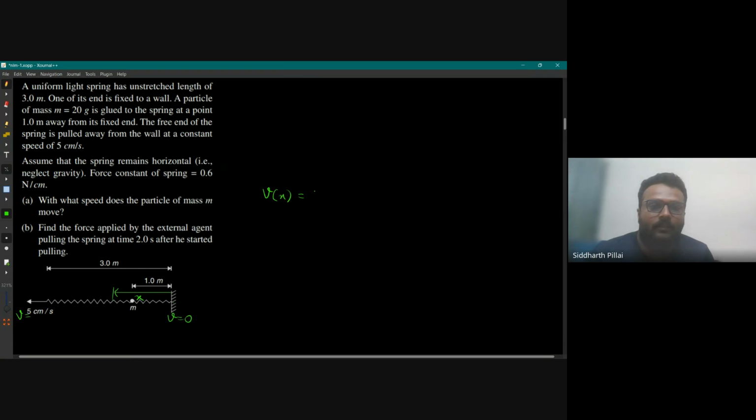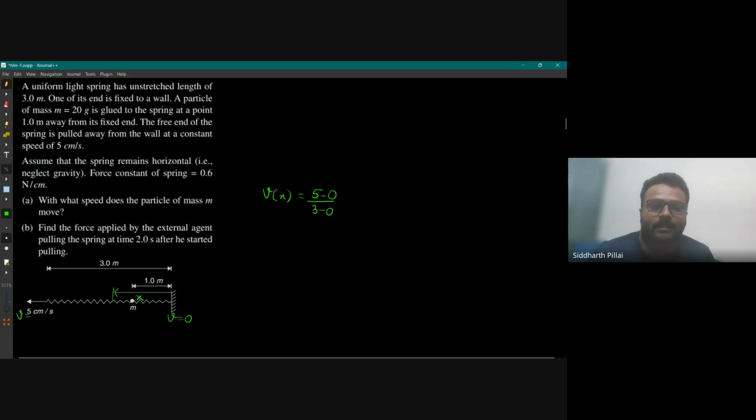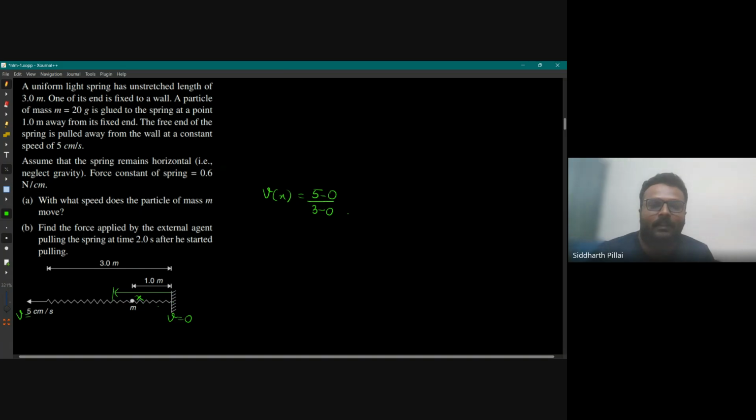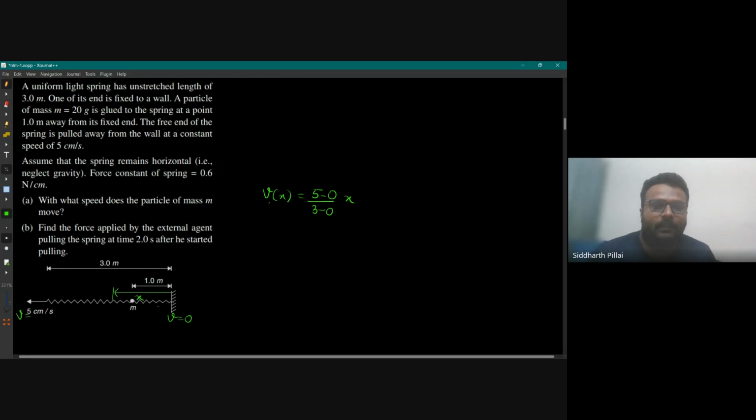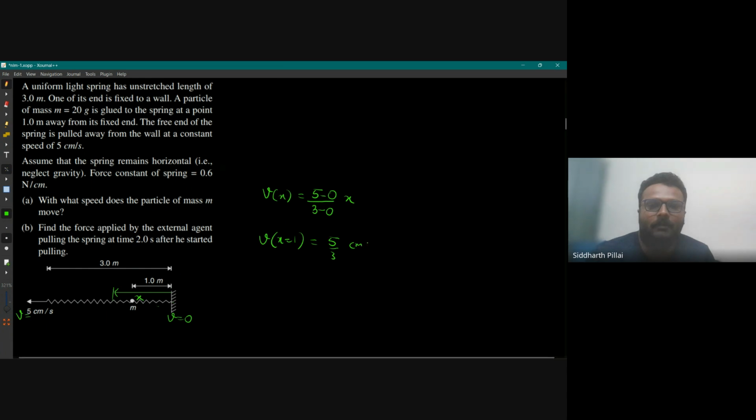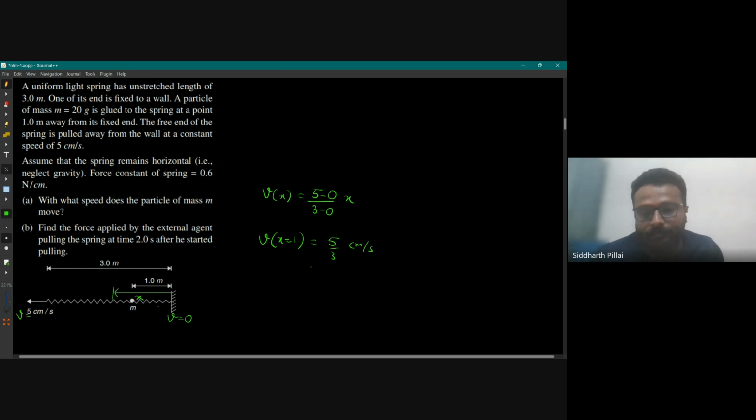So that will be 5 minus 0 by the change in x, which would be 3 minus 0 from here to here, into x minus 0, because at x equals 0, v is 0, right? And at x equals 1, then basically we put x equals 1 here. So you'll get v at x equals 1 would just be 5 by 3 centimeter per second to the left, right? So that's part A.